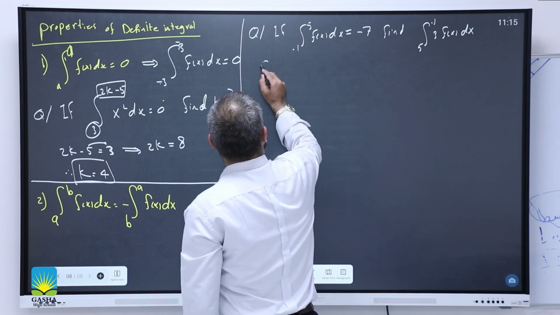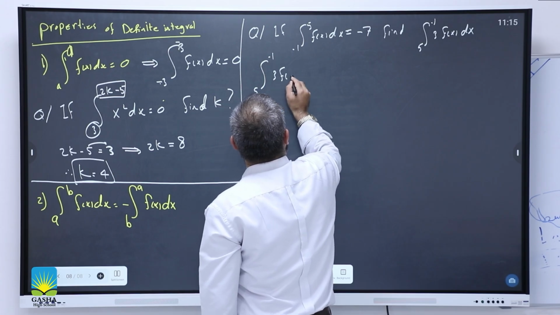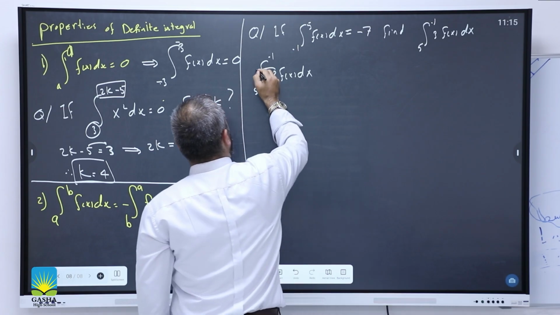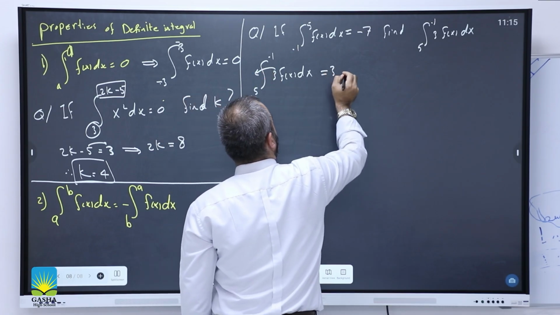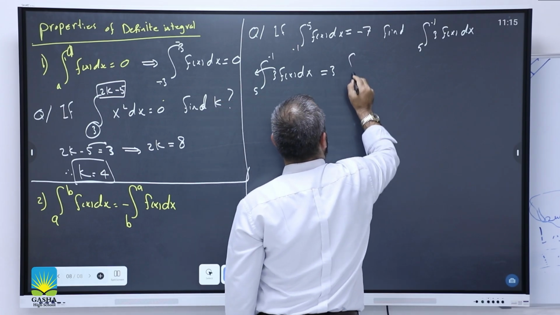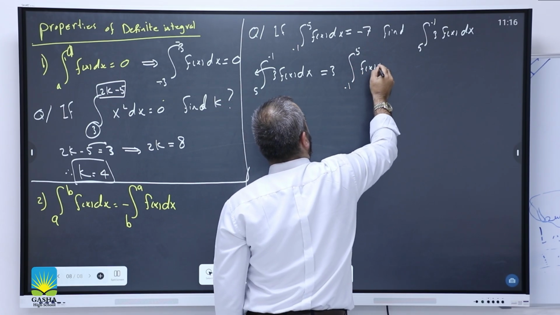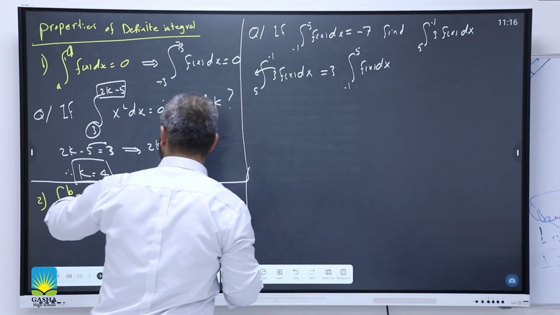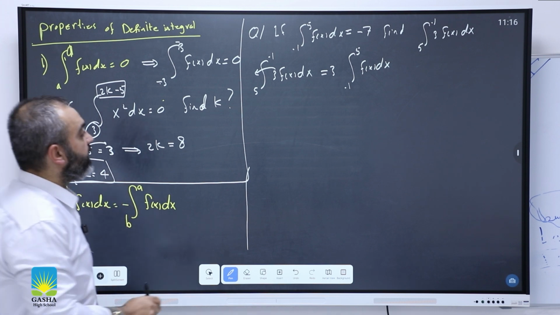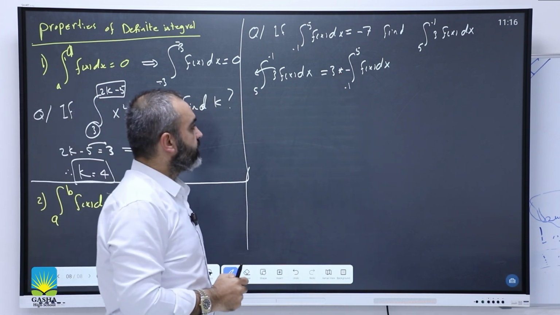So the integral from 5 to negative 1 of 3 f of x dx. We take out this number 3, and we inverse the interval from negative 1 to 5 of f of x dx. The property says we add the minus here. So we multiply by negative, right?